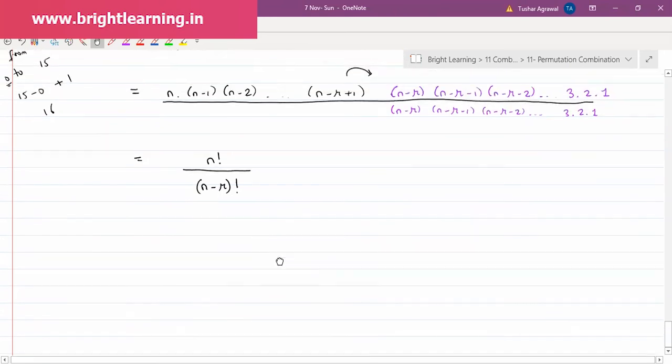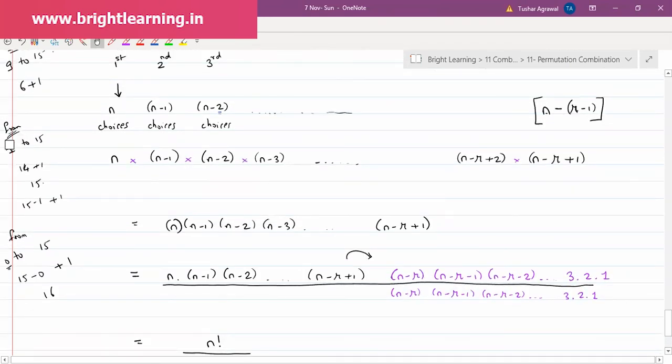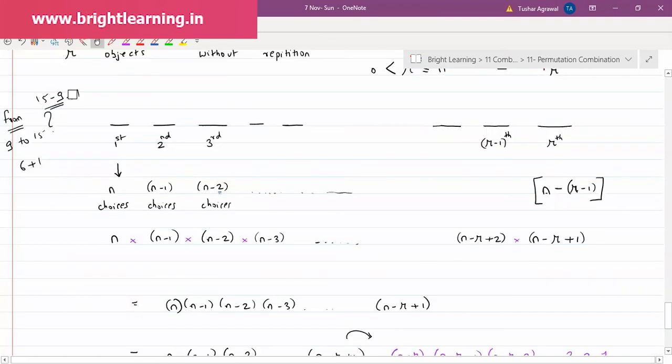Yes sir. Okay, so I will just rub this part. Now what about that 0? In the original part I have written that r can be equal to 0 also. So does that make any sense?